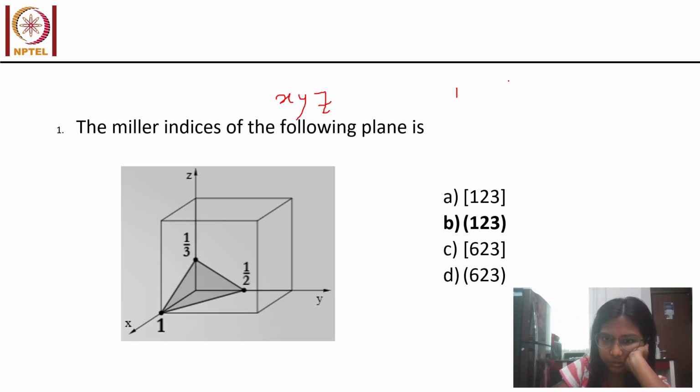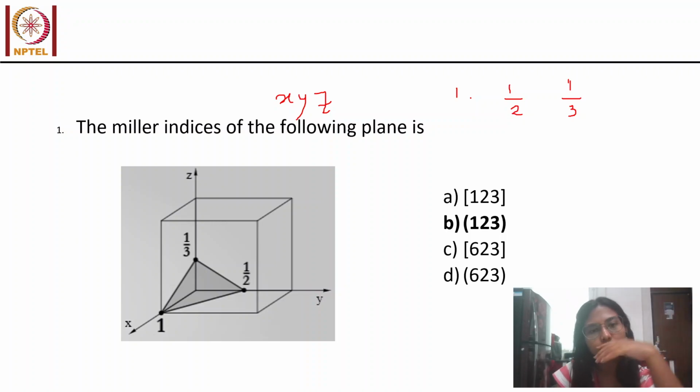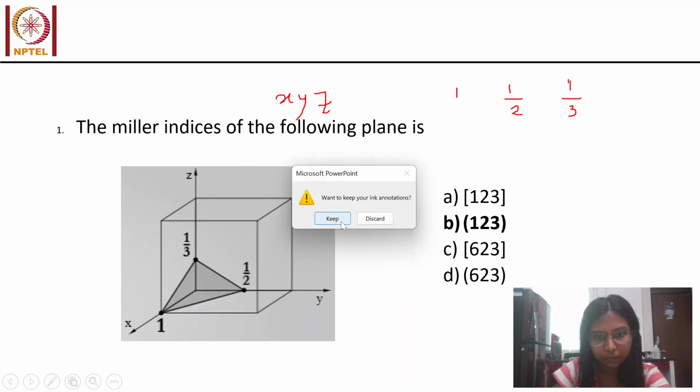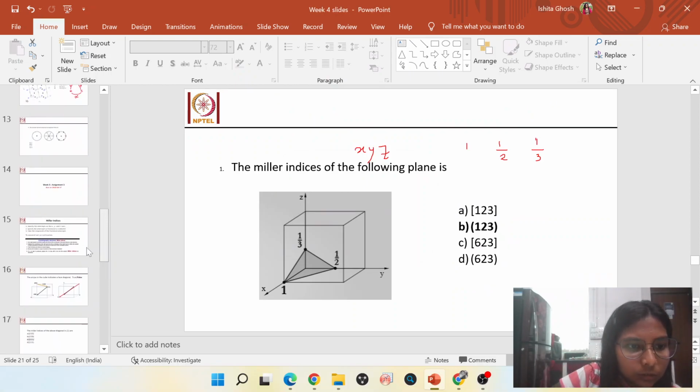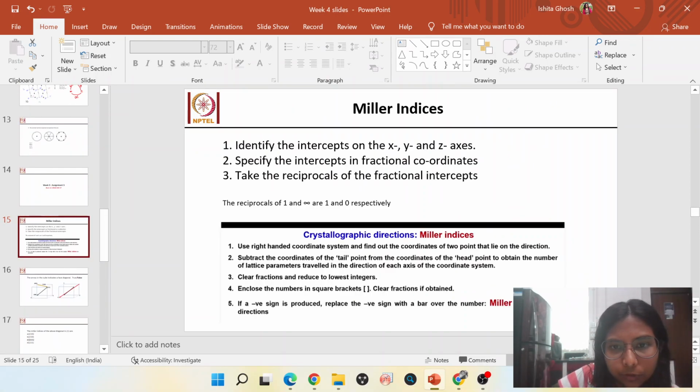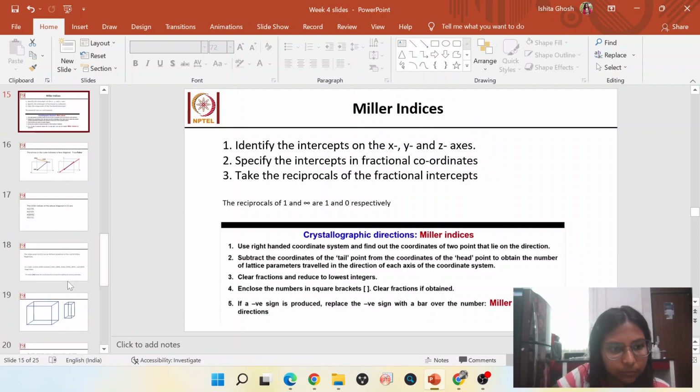So at first we have 1, then 1/2, and 1/3. Wait, what is given is the intercepts, right? If we go back, what we have to do is identify the intercepts on the x, y, and z axes, specify the intercepts in fractional coordinates, and then take the reciprocals of the fractional intercepts.